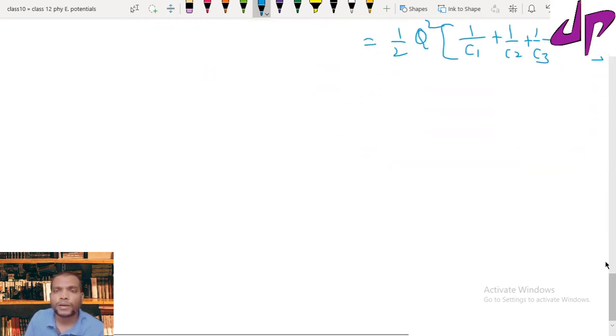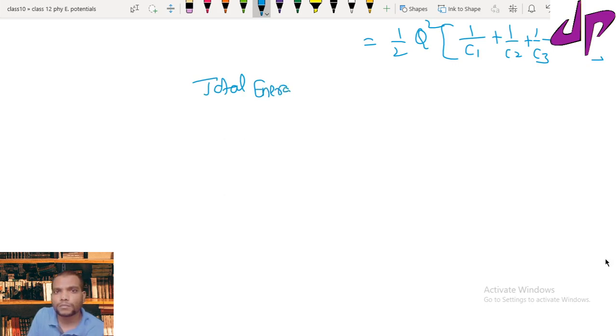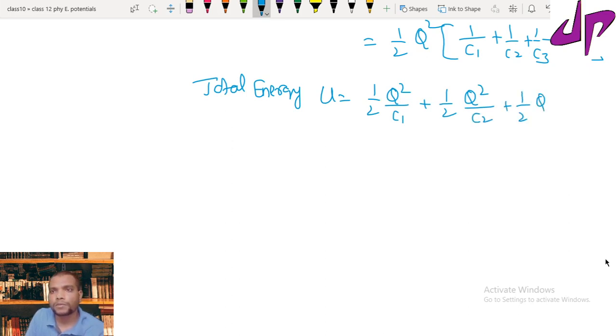Now if I split that expression, the total energy U equals half Q square upon C1 plus half Q square upon C2 plus half Q square upon C3 and so on.